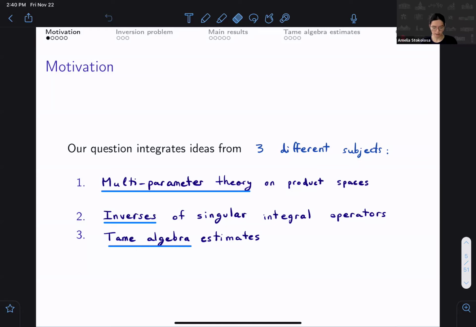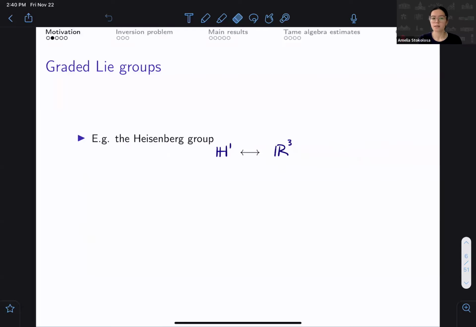To talk about the non-commutative setting, the setting is the following. We are going to be looking at graded Lie groups, the simplest of which is the Heisenberg group. The Heisenberg group is special. It can be identified with R3, where 3 is its topological dimension.